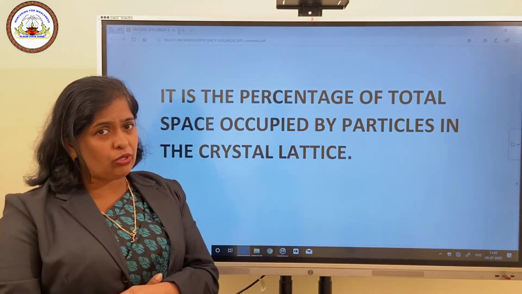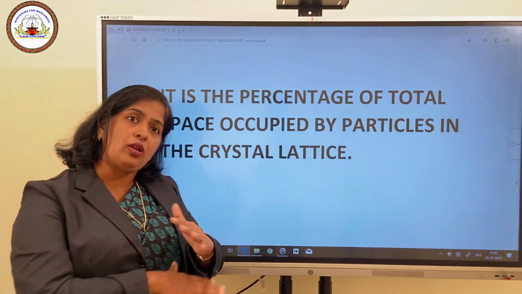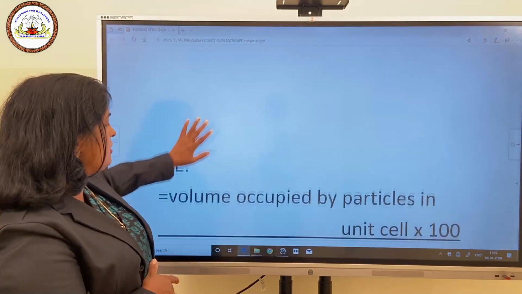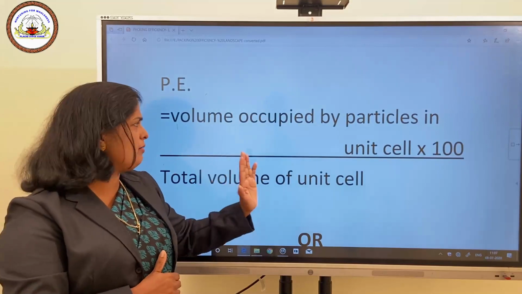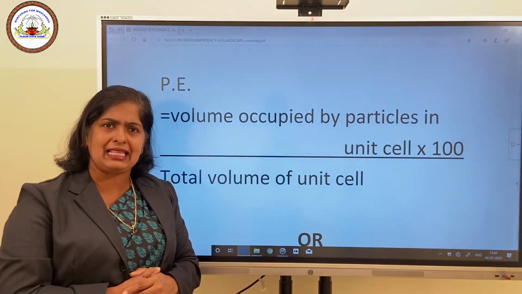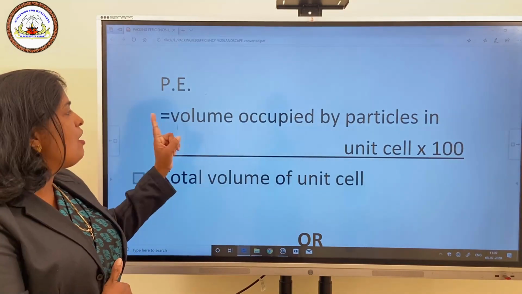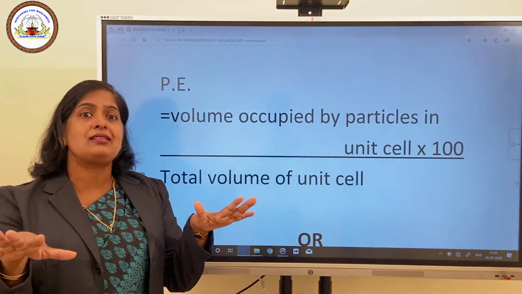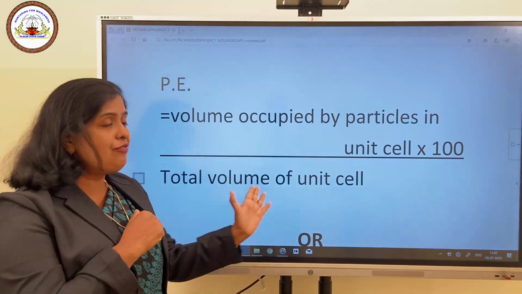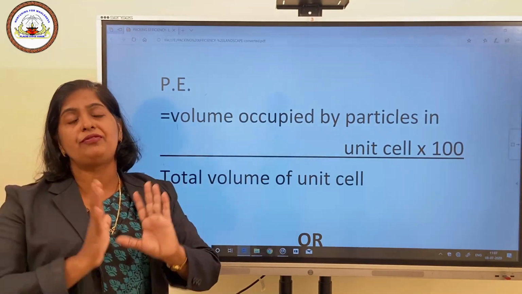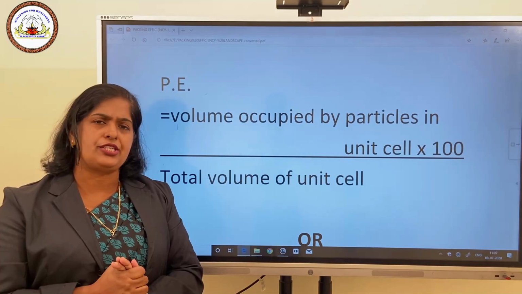Packing efficiency, I told you, is the percentage of total space occupied by the particles, or it is given in the form of a formula as PE, packing efficiency. It is volume occupied by particles in the unit cell divided by total volume of the unit cell into 100.